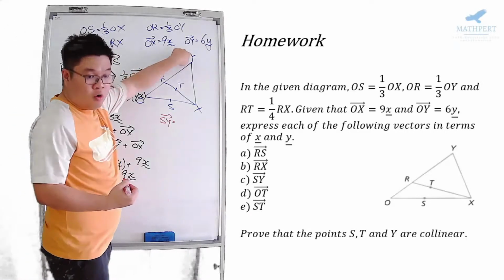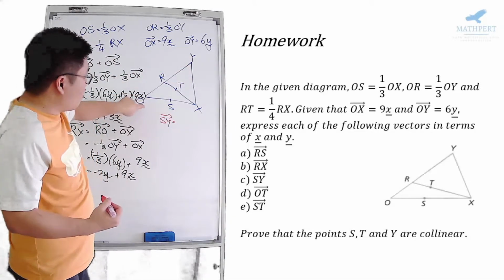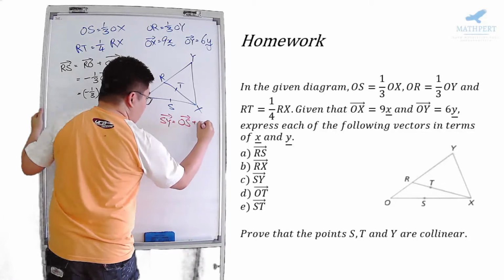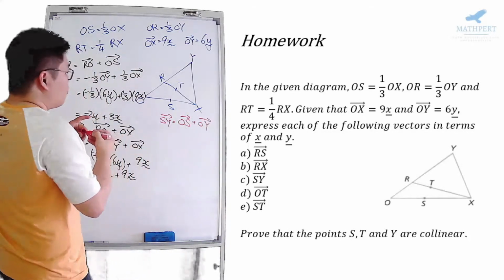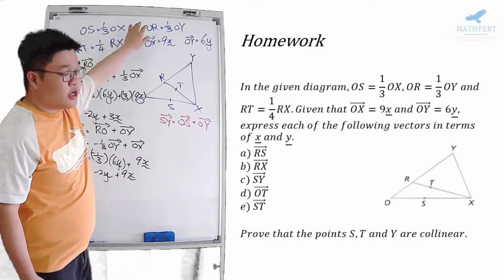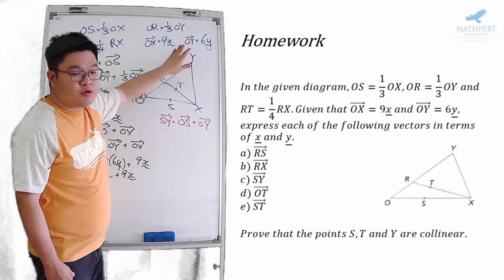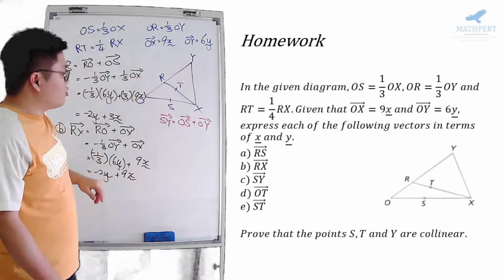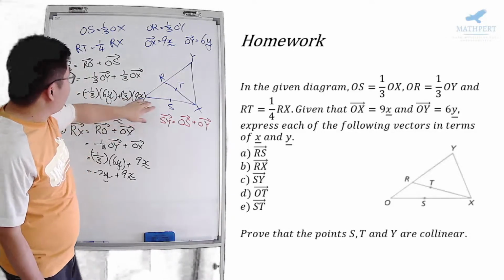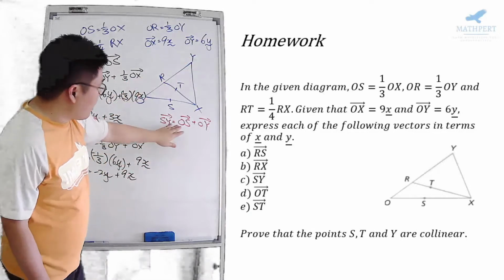So let's use OS and OY. Why can't we use XY? Because given by the question, we do not have XY, so we would need to spend time to look for XY. Since we are given OS and OY, let's use them.